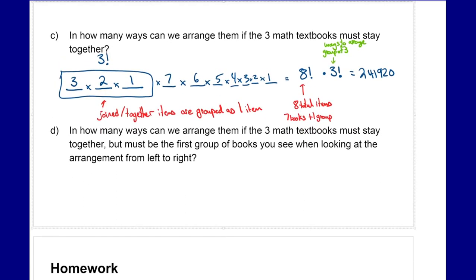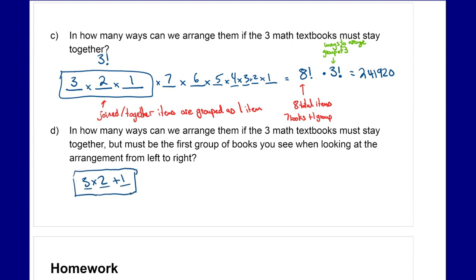Well, in this case, this goes back to what we originally thought. We have our 3 math textbooks, and I'm going to consider them one giant item. Within that item, I have 3 times 2 times 1 for how I can arrange those 3 books. And they have to be at the beginning, so there's no rearranging this group. They're at the front.